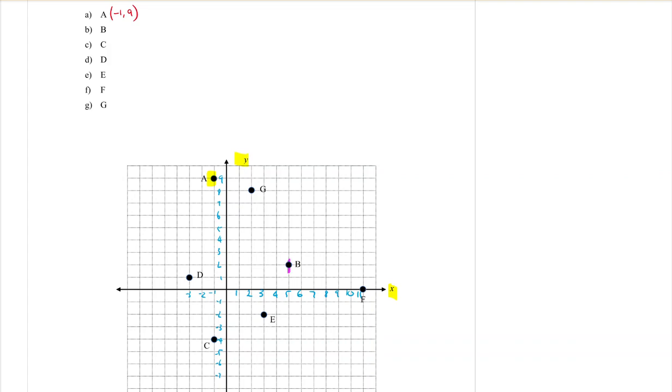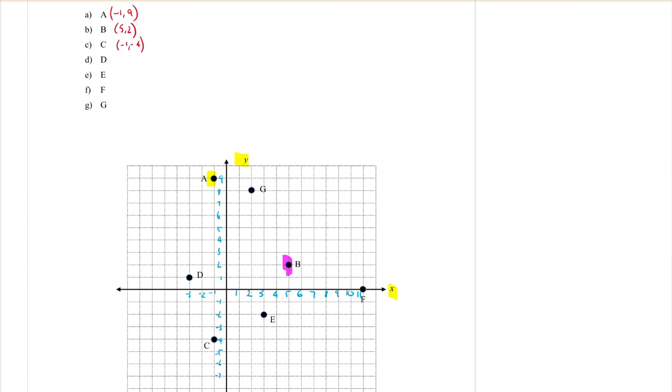For B, which is down here, the x value is at 5 and the y value is at 2. So (5, 2). For C, down in the third quadrant, the x value is -1, y value is -4.